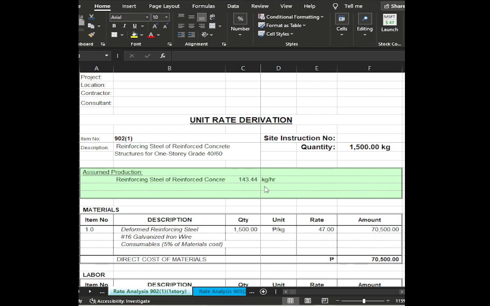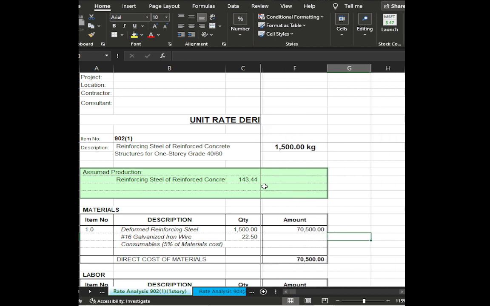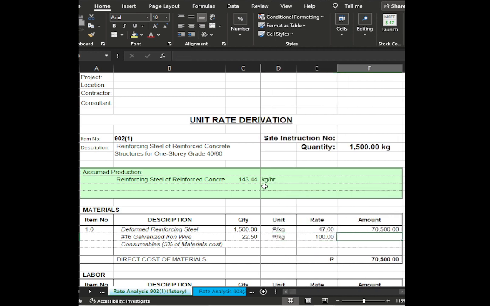And as we discussed before, the quantity for galvanized iron is 0.015 times the weight of the steel, so it is 22.5 kilograms. So the same unit, then we have 100 per kilo, and this one is copy the formula. Then we have 5% of material cost, so 0.05.